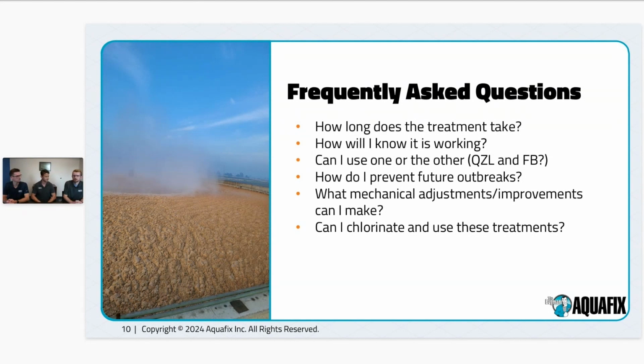Yeah, and for future outbreaks, the biggest thing is monitoring, right? So foaming, as we talked about, is kind of the symptomatic problem of something in the aeration basin. So we're happy to work with you and with our lab to figure out what exactly is going on in the aeration basin, if there are any changes coming up, and really be able to forecast if there's anything that might impact foaming down the road.